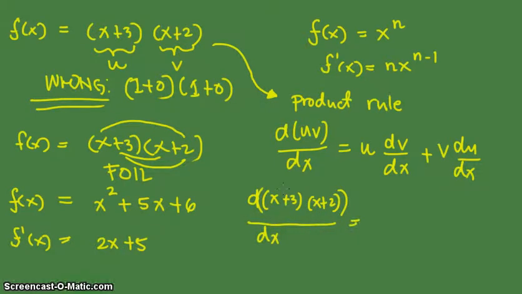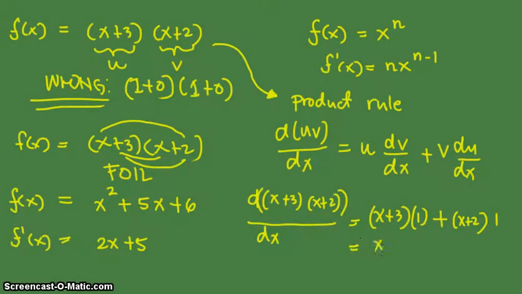If I keep in mind that this is u and this is v, the rule is just saying that the derivative is you copy the first, that's your x plus 3, and then differentiate the v, which is basically 1, and then plus, this time you copy x plus 2, and then differentiate x plus 3, the u, so that is also 1.